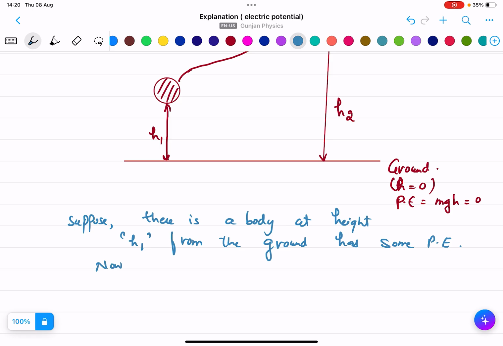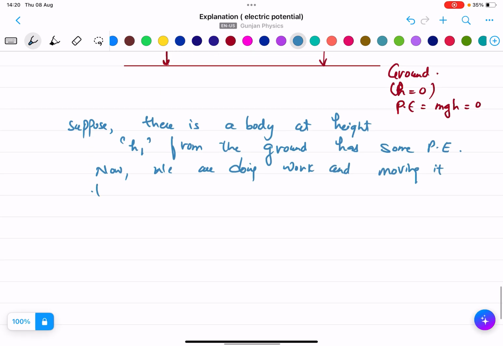Now we are doing work and moving it to another place, having height h2.